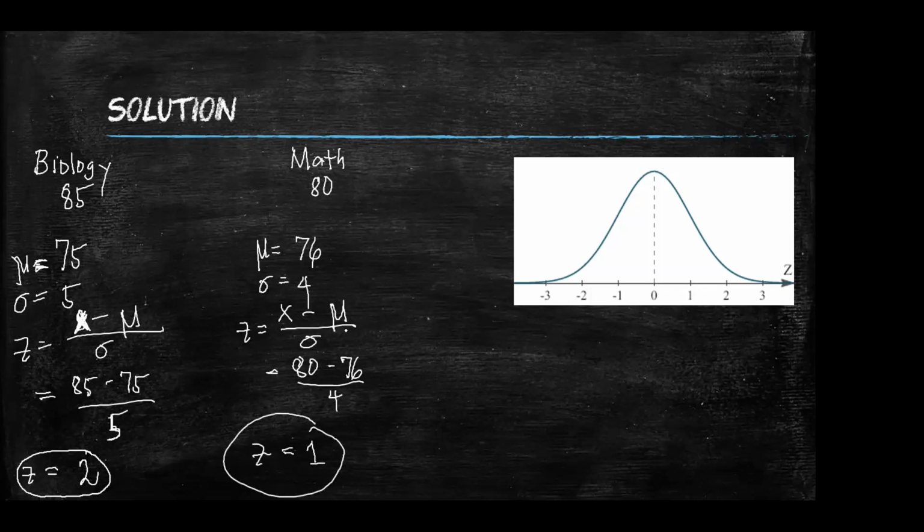Now, we have step 3. What is step 4? Where is she better? Which is higher? Biology. Therefore, Lodi performed better in her biology test, according to the z-score, not because of the 85, but because of the z-score.